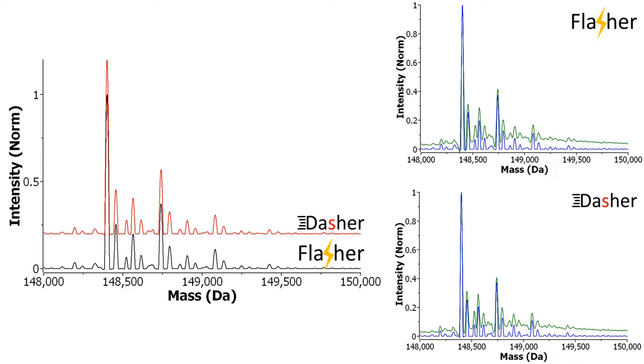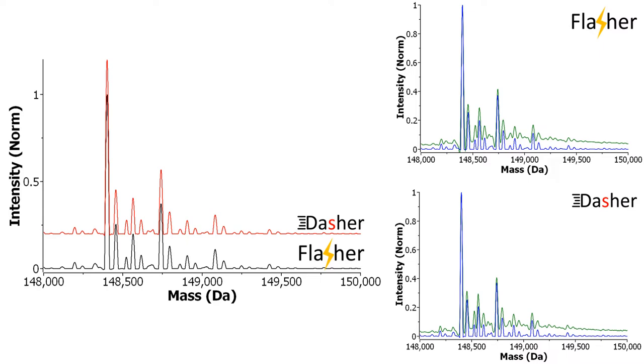What this shows is that both algorithms are capable of producing basically the same output. And so for the majority of spectra, that is those spectra where the charge states are fully resolved and there's only a single charge state series in the spectrum, I would recommend using the Dasher algorithm because it's considerably faster.